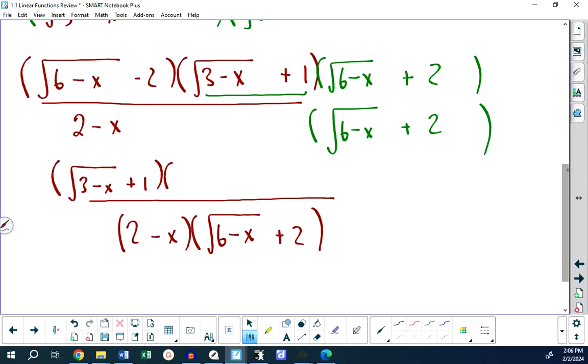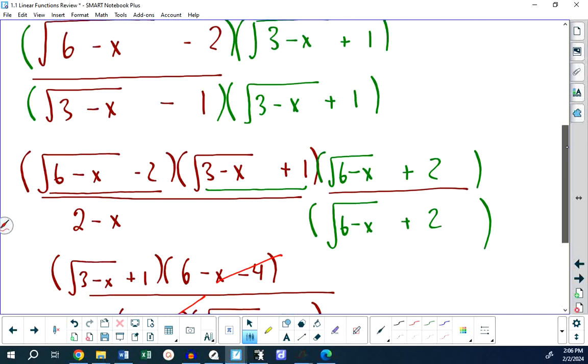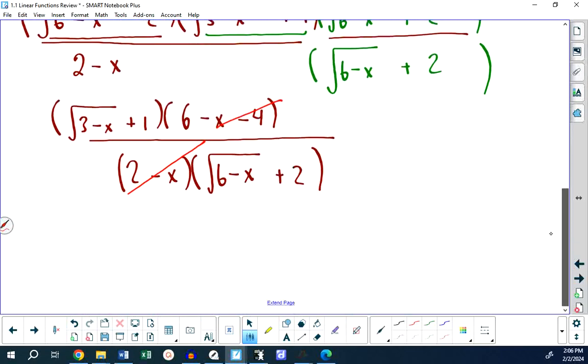And then I have the product of this conjugate pair, which will give me 6 minus x minus 2 squared is 4, which I'm not going to rewrite the whole thing, just to point out to you that 6 minus x minus 4 is 2 minus x. So what we end up with is that. And it happened very quickly. Like, we went from something that was getting a little bit out of control to all of a sudden getting this expression.